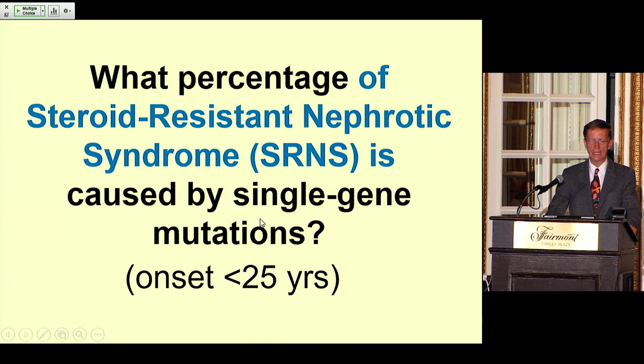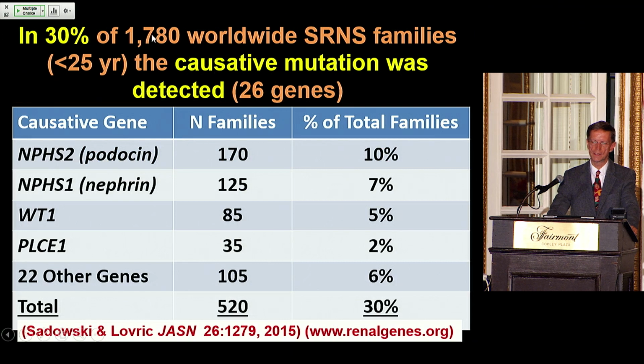So we asked what percentage of steroid-resistant nephrotic syndrome is caused by a single gene mutation. We ran a study of 1,780 cases with steroid-resistant nephrotic syndrome worldwide, all with onset before age 25 years. At the time, there were 26 genes, which we examined with a high-throughput PCR technique.